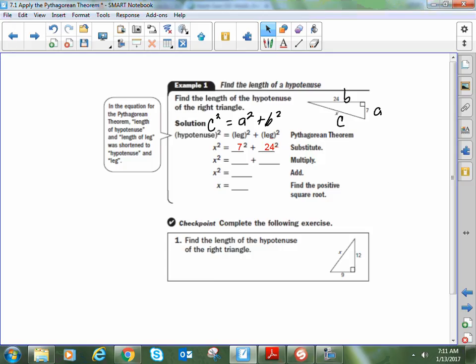Do the exponents first, so square the values, and you get 49 and 576. Combine your like terms, and you get 625. Now at this point, what we're looking for is the value of x, not x squared. Let me just draw this out for you. A basic proof of the Pythagorean theorem looks like this. Let me pick another color here.